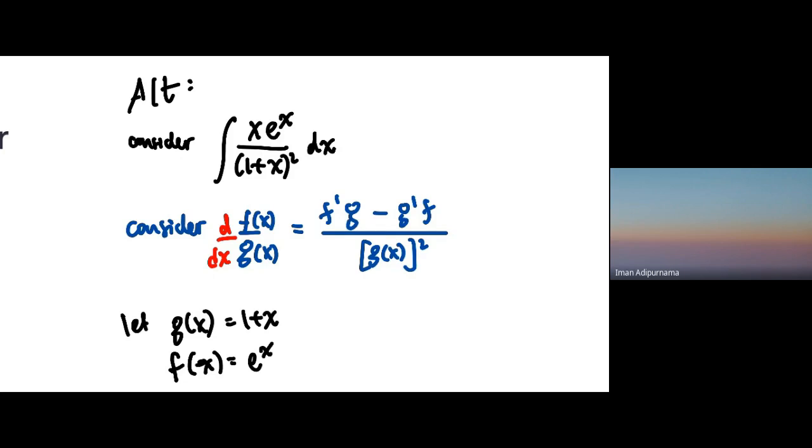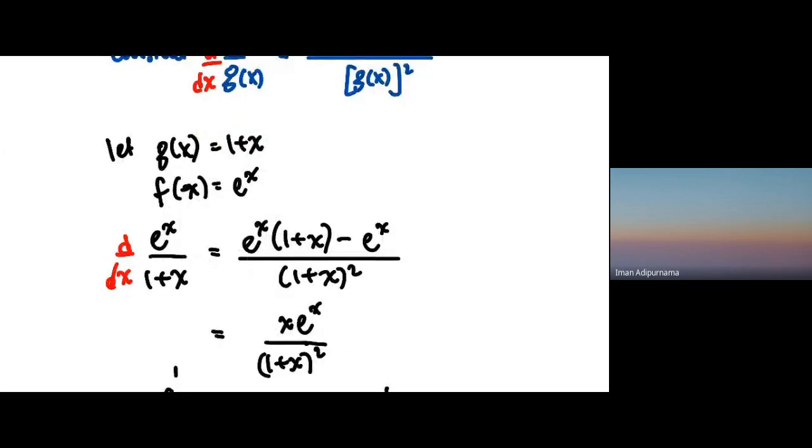Now let g be 1 plus x, which is squared here. We can also imagine what happened in the numerator, what the previous form is. This is a little bit of trial and error, but you can start with e to the x, and try to differentiate e to the x over 1 plus x.